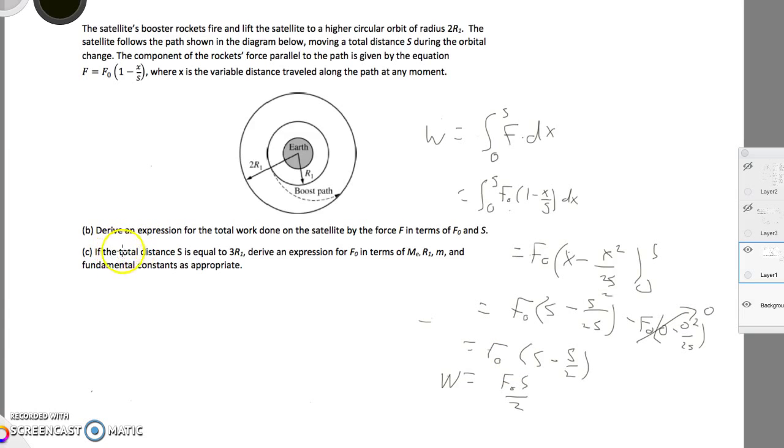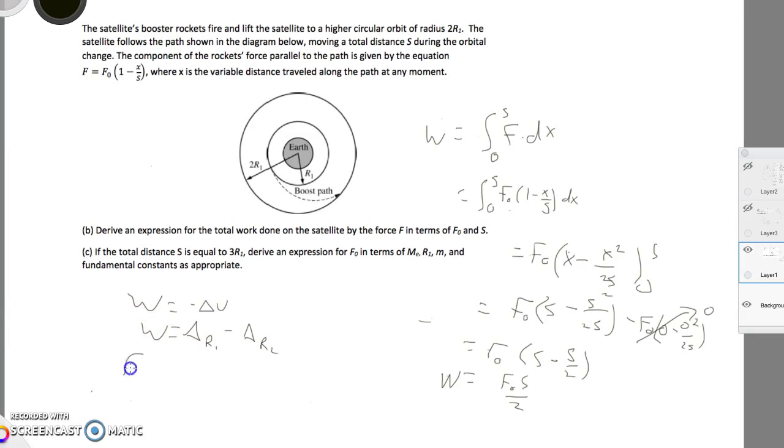And finally, it says if s is equal to 3r1, derive an expression for F naught in terms of m, r1, M, and fundamental constants. So basically, the work is going to be equal to the negative change in potential energy, or the potential energy at r1 minus the potential energy at r2. Okay?